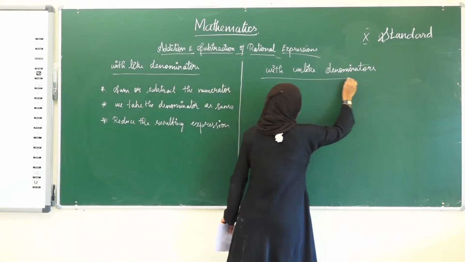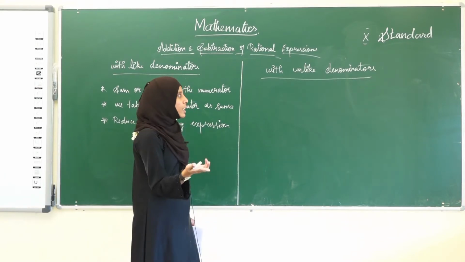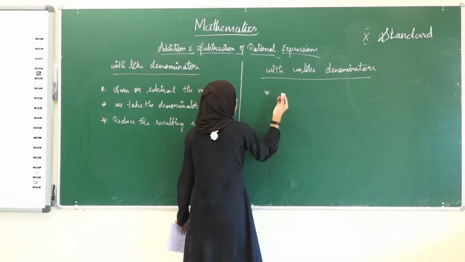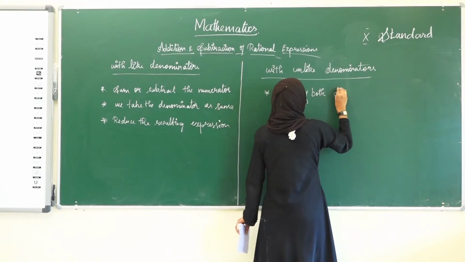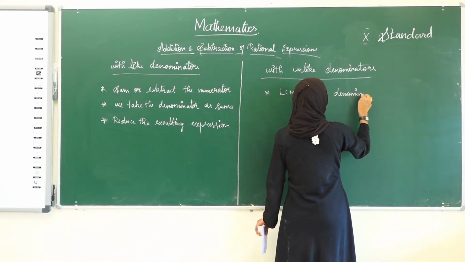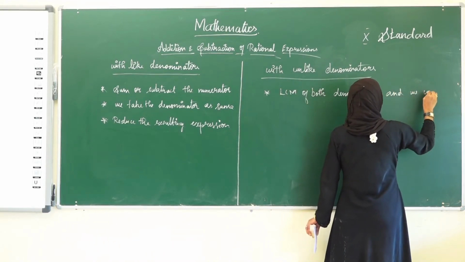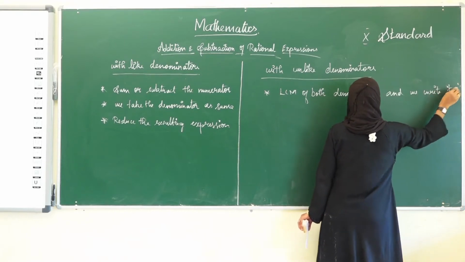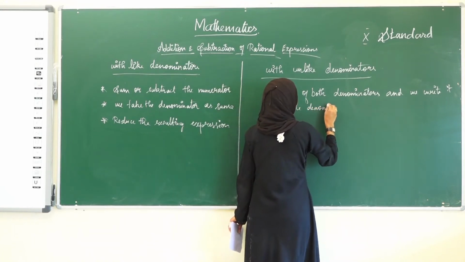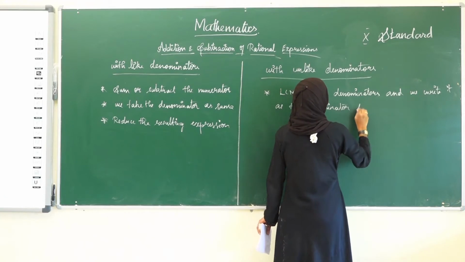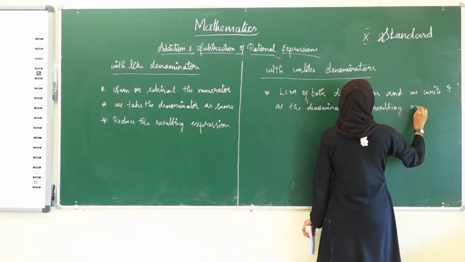With unlike denominators, if they have given two rational expressions with two different denominators, we take the LCM of both denominators and write it as the denominator for the resulting rational expression.